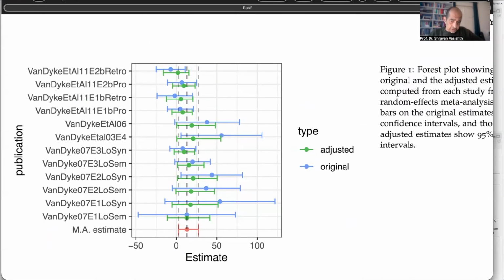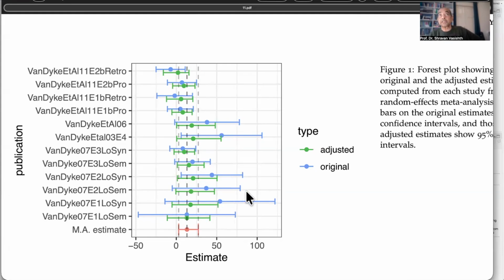And here, what you're seeing is the overall meta-analysis estimate with a 95% credible interval. And what we generally do is plot the original estimate with a 95% confidence interval alongside the posterior, so the zeta sub n posterior for that particular study with a 95% credible interval.